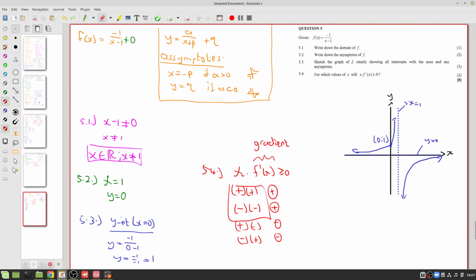Let me erase this part, because we don't really care about this. We're not looking for that. We're looking for positives. All right. So let's split the graph into all the different sections that we need to look at. So any intercepts with any axes, or where x changes from negative to positive. So we're going to draw a line there. Whoa, that's quite thick.